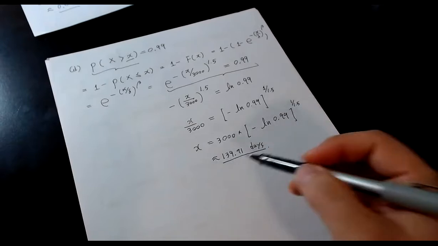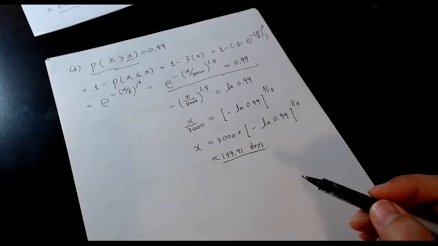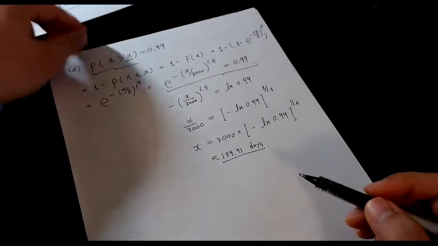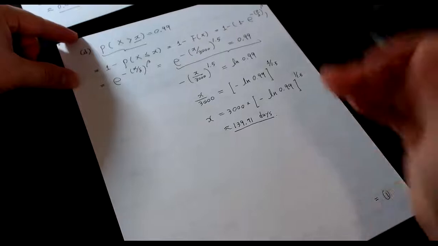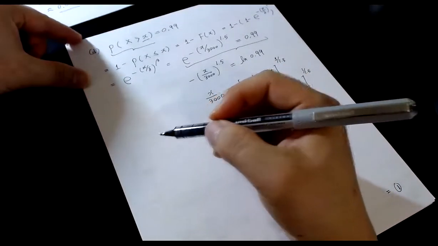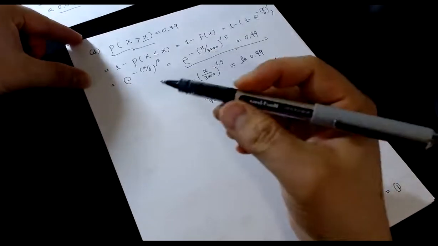It means that for 139.71 days, we can guarantee with 99% probability that the starter motor failure will not occur.